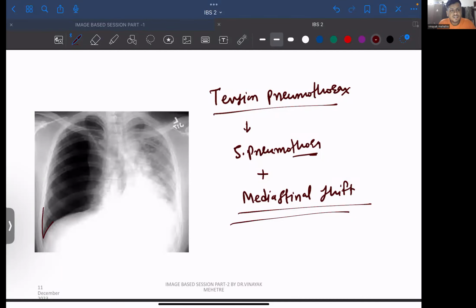Puncture is emergency management. Definitive management is always going to be ICD insertion. So whenever they are asking what is the management of this patient, remember ICD. What is the immediate management? Then only you will mark puncture.